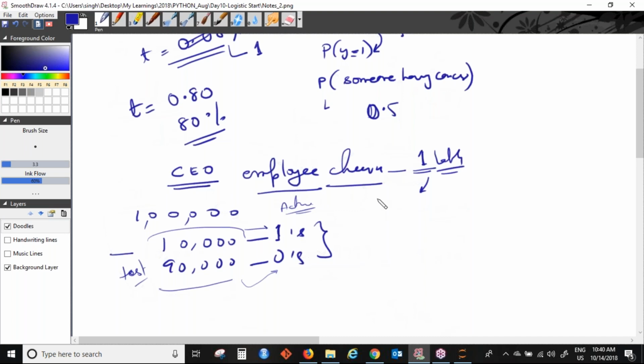But the CEO also says that I only have a budget of 1 crore. I cannot give more than 1 crore.